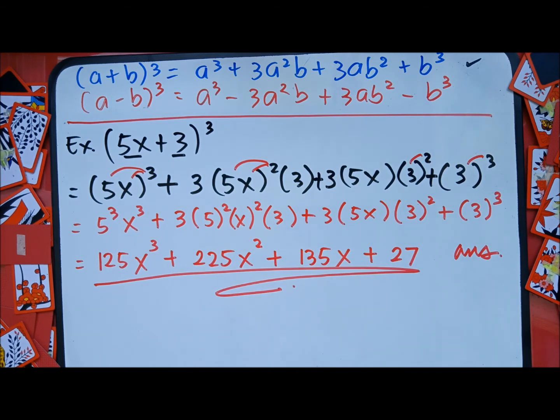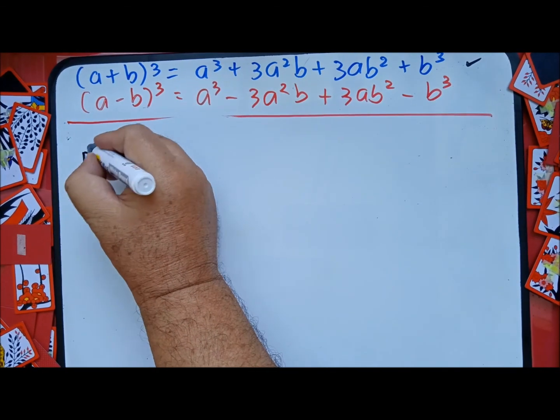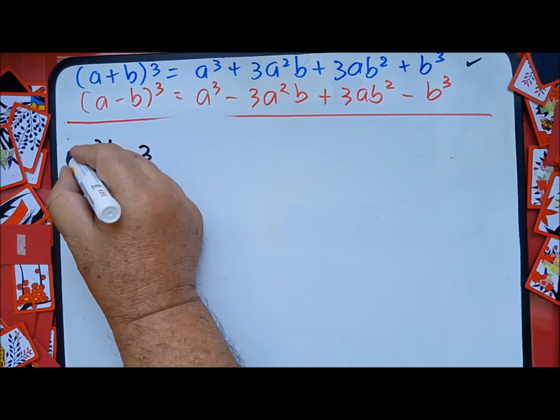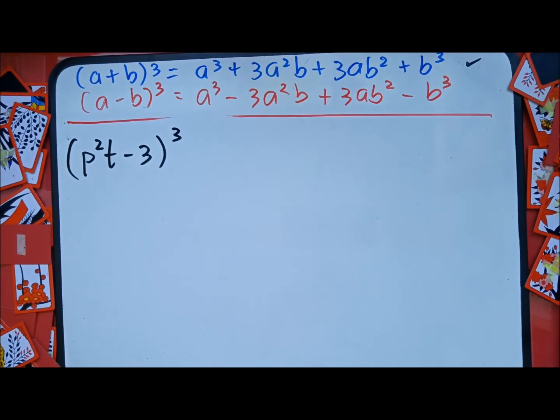Next. Another example. Let's take this: p squared t minus 3 cubed.